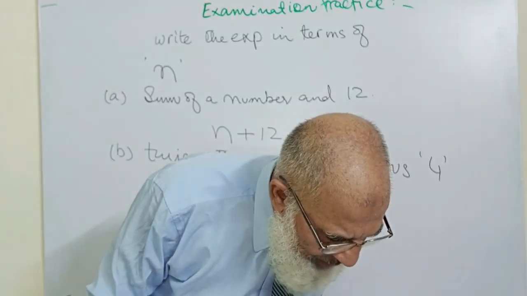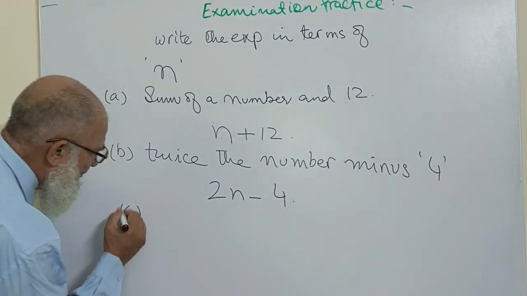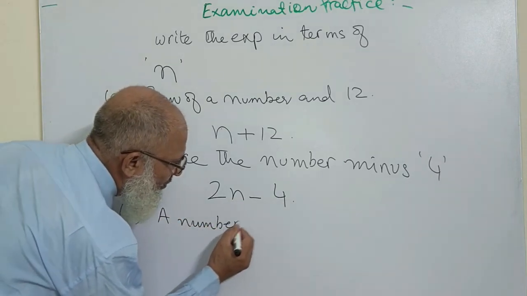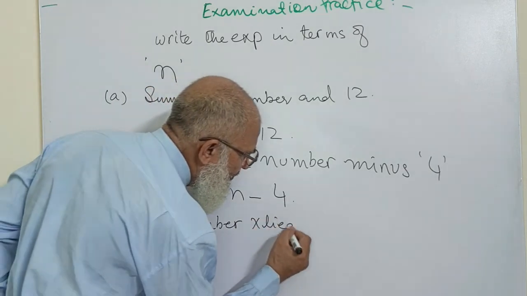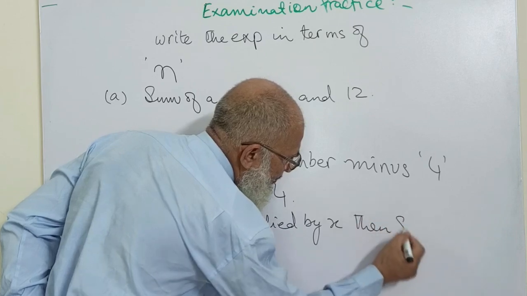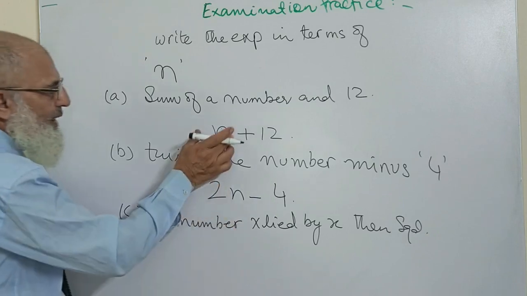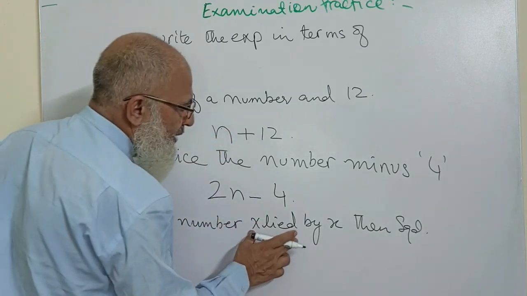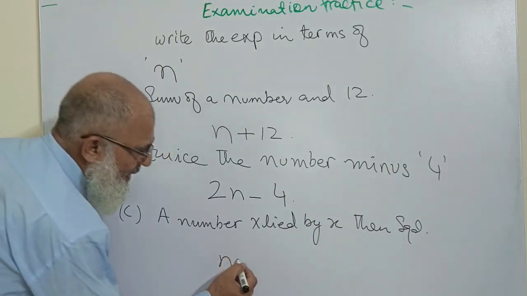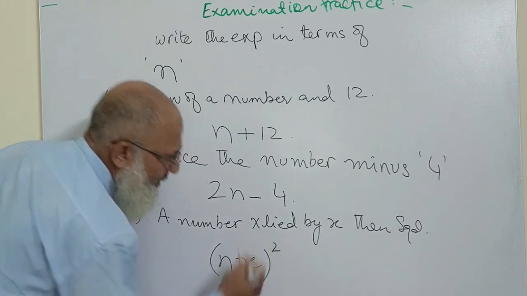C. A number multiplied by x then squared. So the number is again n and it is multiplied by x, and then squared.